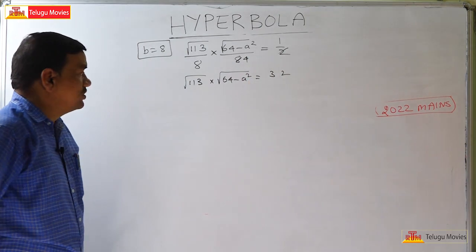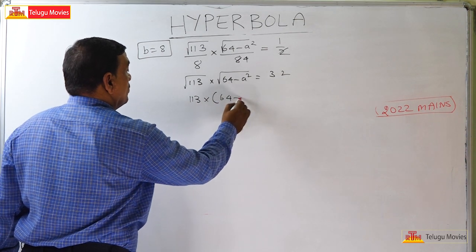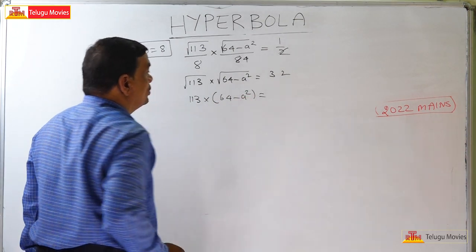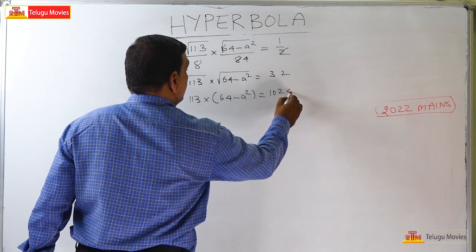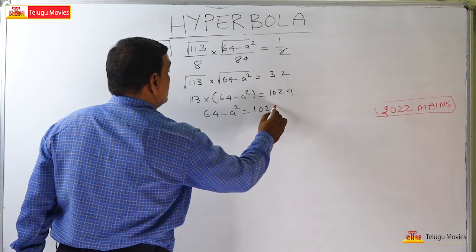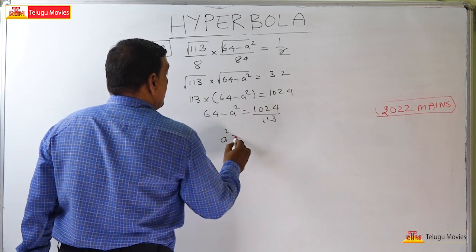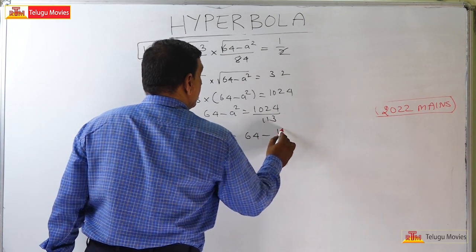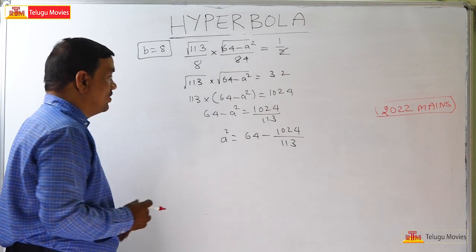Okay, squaring on both sides, we will do this as 113 into 64 minus a square is equal to 32, 32s are 1024. So this is 64 minus a square is equal to 1024 by 113. Therefore, a square is equal to 64 minus 1024 by 113. So this is the a square value.